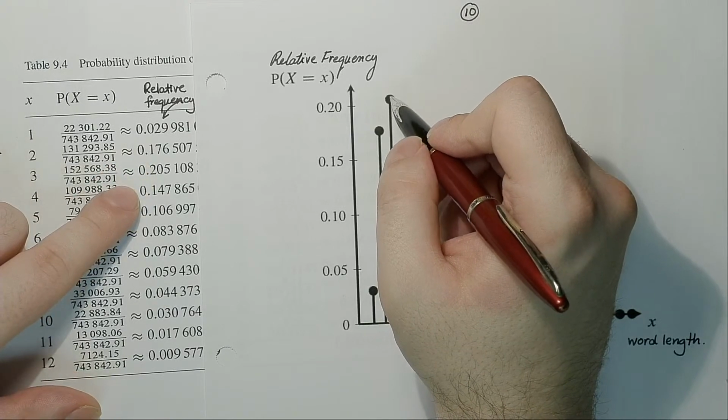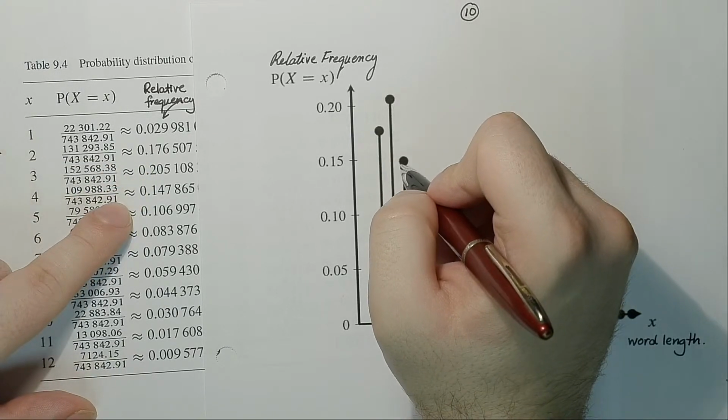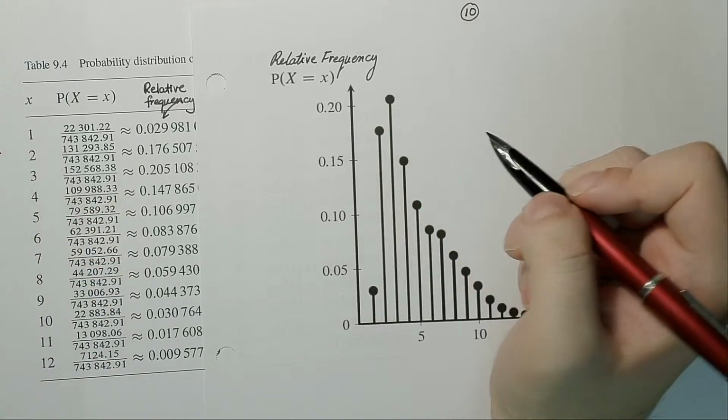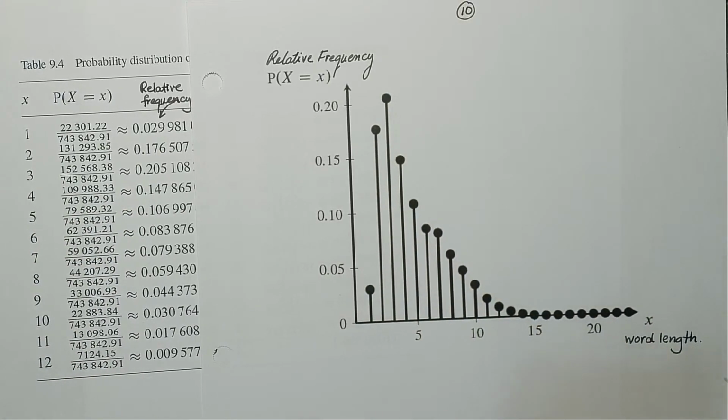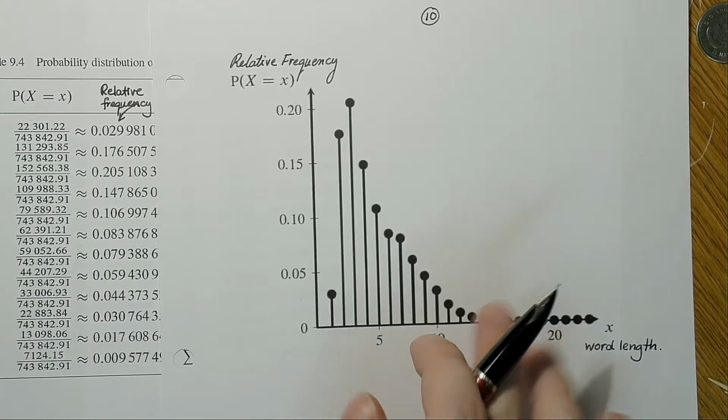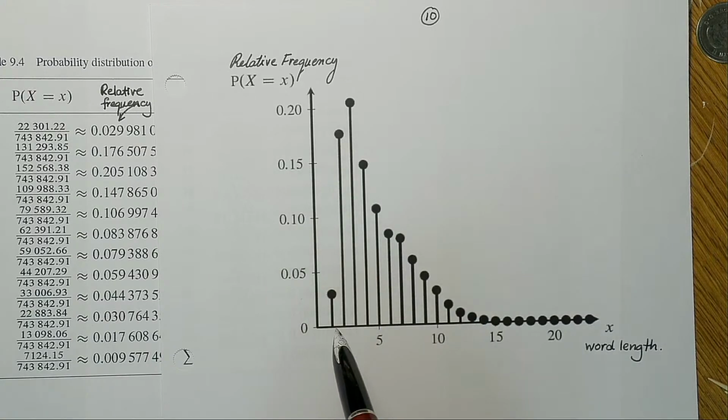For 3, it gets even bigger, and it drops down for 4, down to 14. The reason I'm picking lines and points is because these are very specific, for just 1, 2, 3, 4, 5 exactly. So sometimes you'll see people, such as myself, use lines as opposed to making bars and connecting all the bars together.